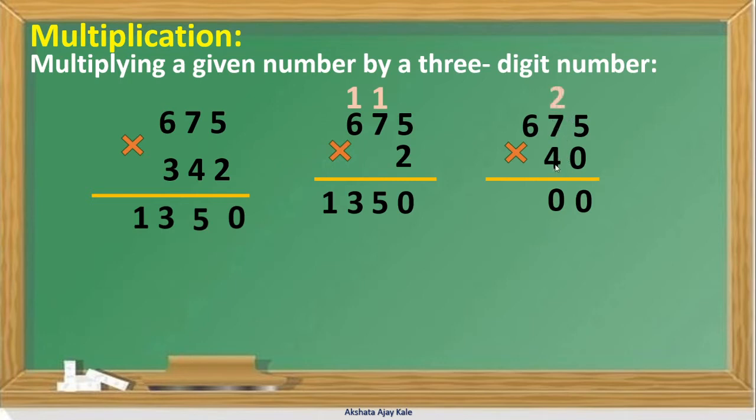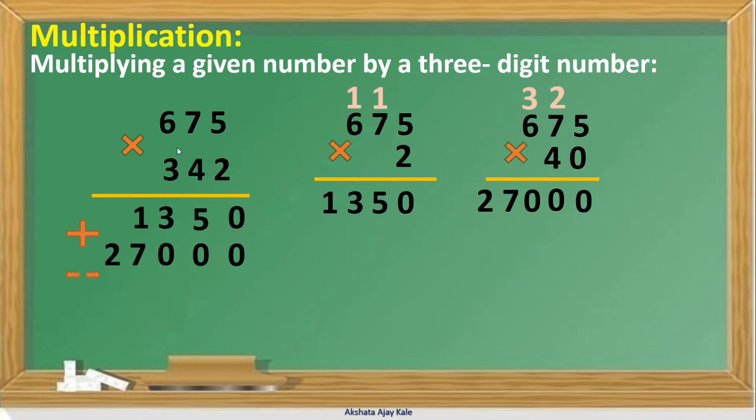Then 7 4s are 28 plus 2, that is 30. 0 here, 3 is carried over. 6 4s are 24 plus 3, that is 27. We will take this 27,000 here. Second step is over.